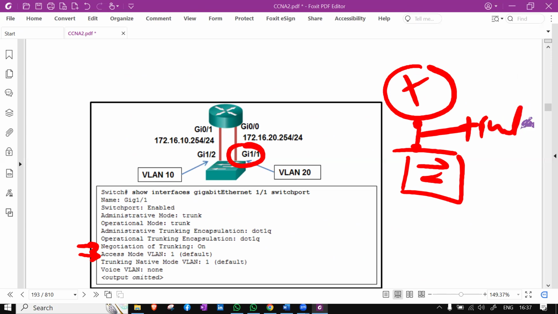is that VLAN 10 and 20 would go through this link for inter-VLAN routing. That's why it's a trunk.